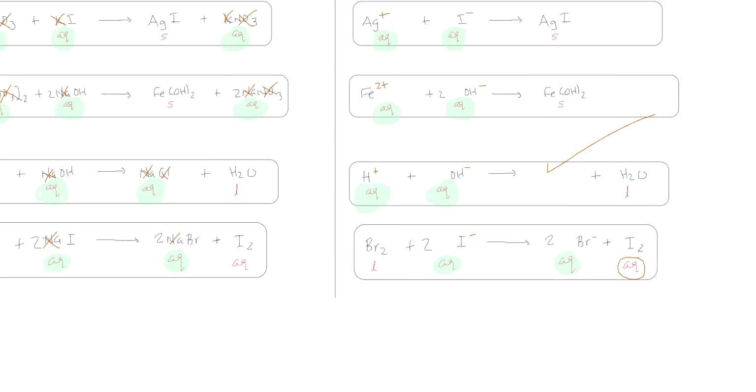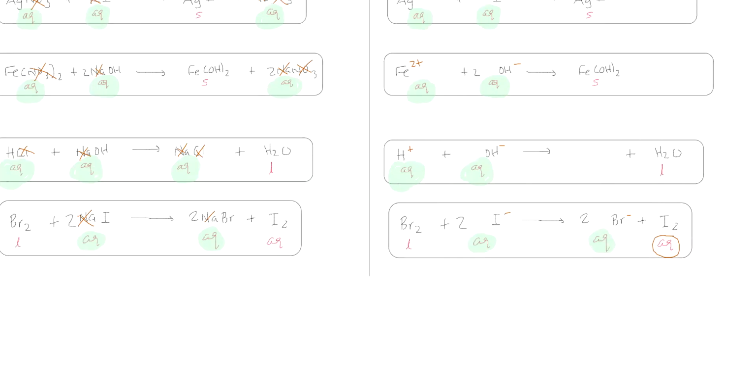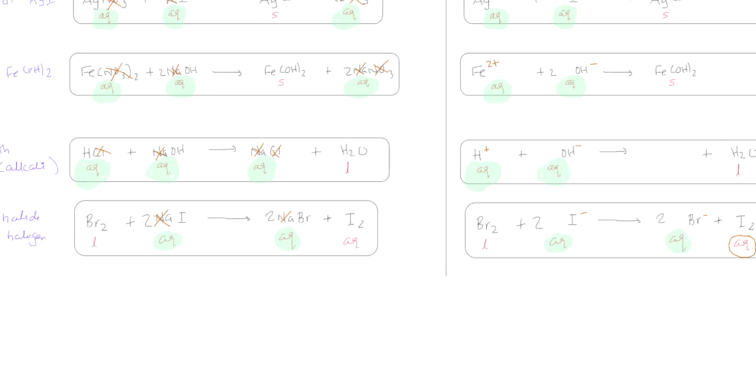Even if I change my acid here, suppose I take nitric acid in the place of hydrochloric acid, and potassium hydroxide in place of sodium hydroxide, the net ionic equation will be this only. So for any neutralization reaction with acid and alkali, you don't need to look at which acid it is, which alkali it is. This will be the ionic equation. H plus plus OH minus gives you water.